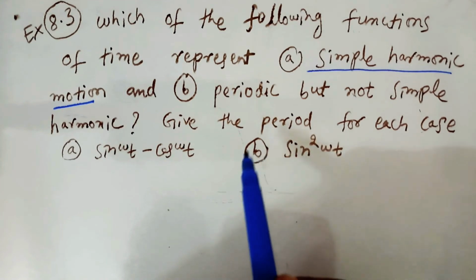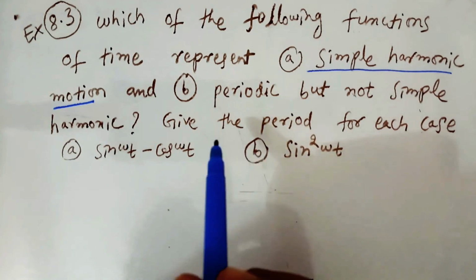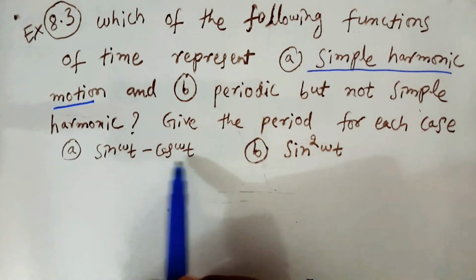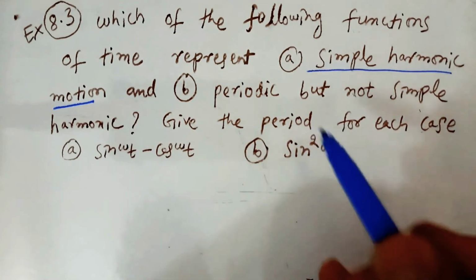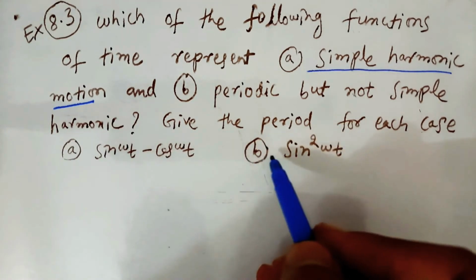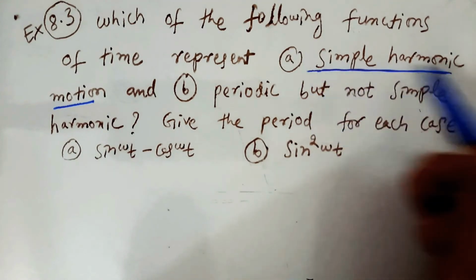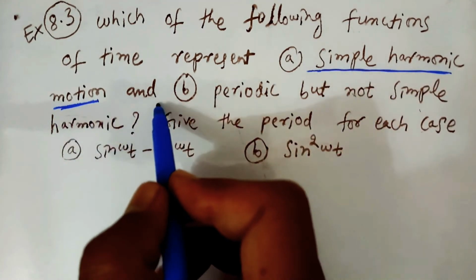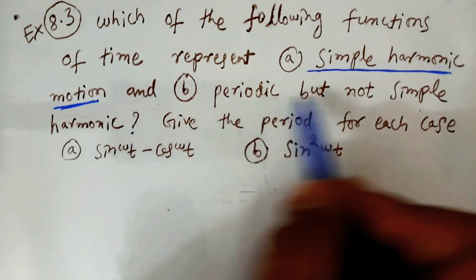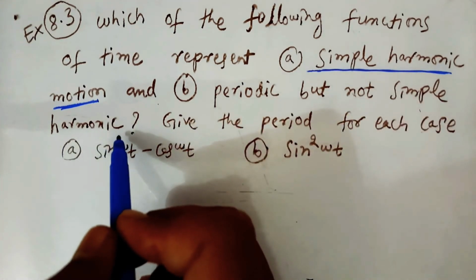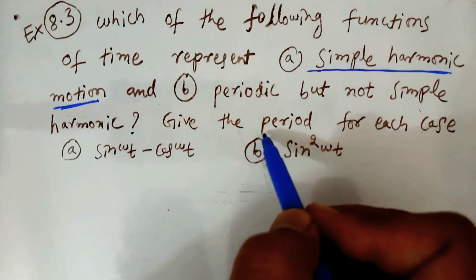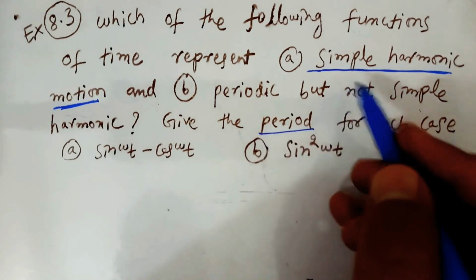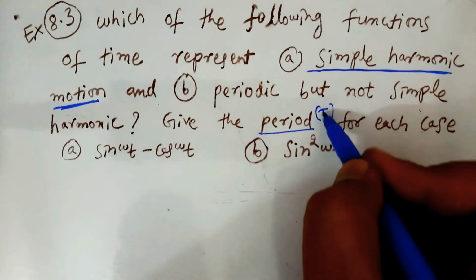So in this question we have to find which function represents simple harmonic motion, and which is periodic but not simple harmonic motion. And also we find the period, time period T, for each case.